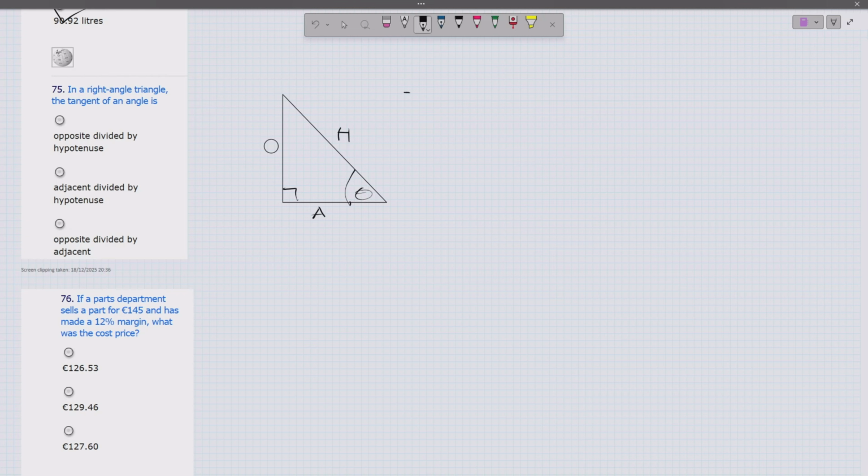Using the SOHCAHTOA tool, tangent, tan theta, will be opposite over adjacent. So in a right angle triangle, the tangent of an angle is opposite divided by adjacent.